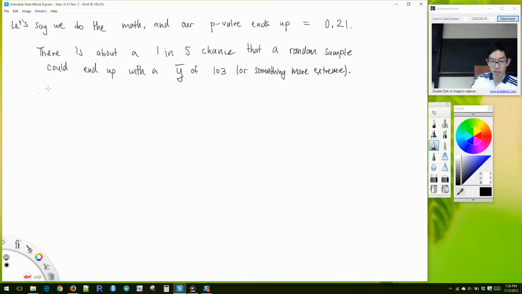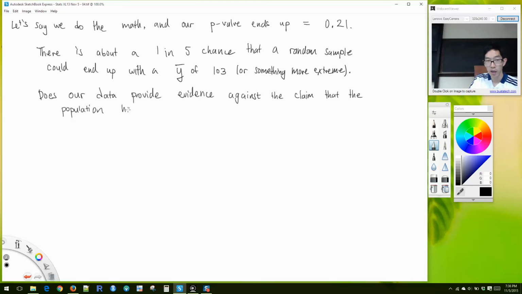So our question is, does our data provide evidence against the claim that the population has a mean of 120? What would you say?